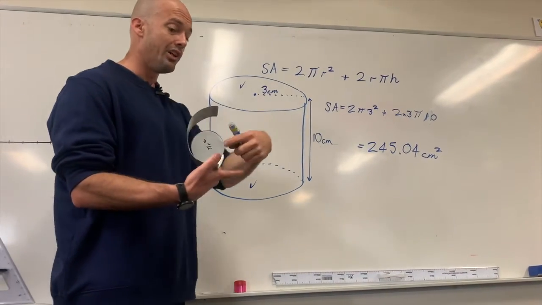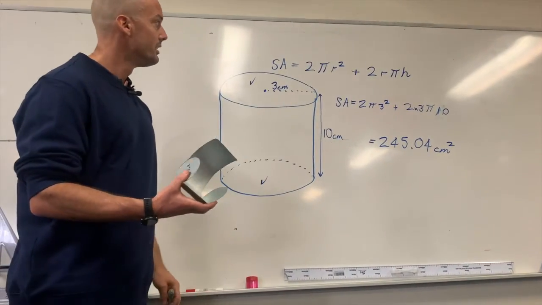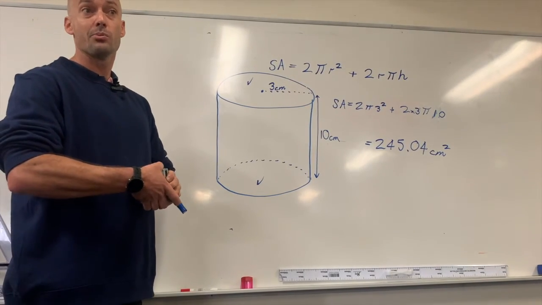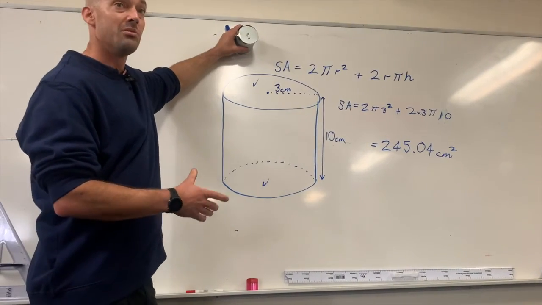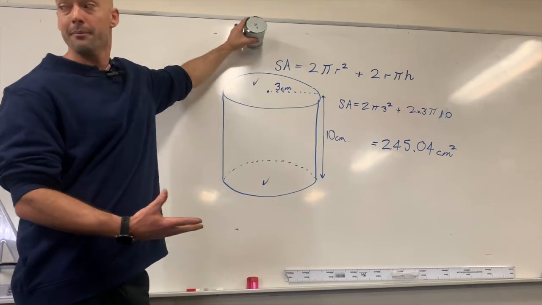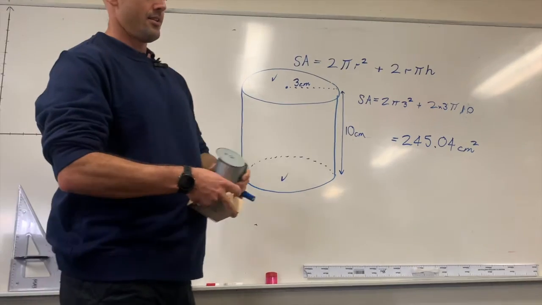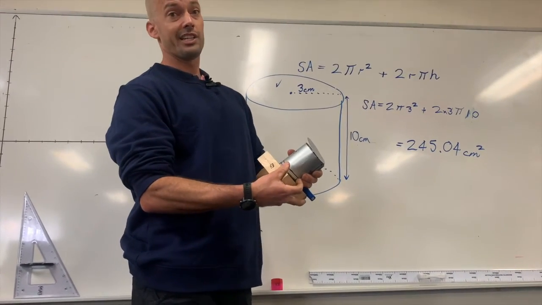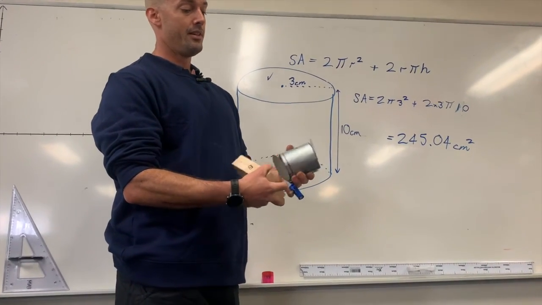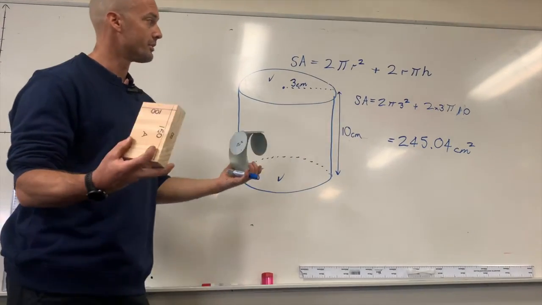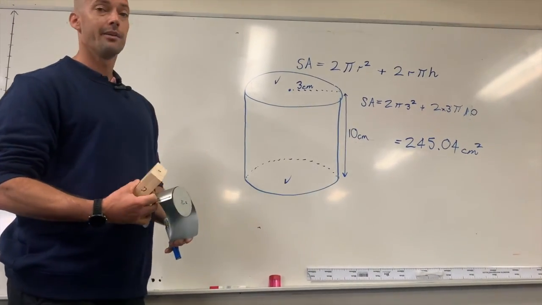Not to be confused with volume, which is what's inside the cylinder. And if they have tricky composite questions where they may stick a cylinder onto a rectangular prism or something like this, just remember you wouldn't need the bottom circle, would you? Because it's stuck on. So just think about it. All right, thank you.